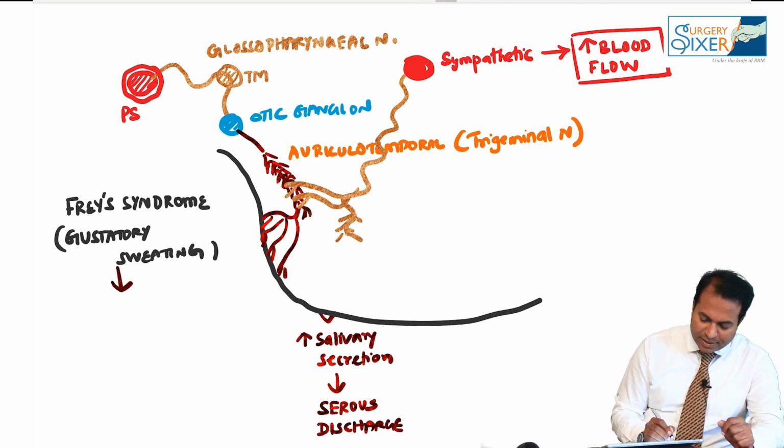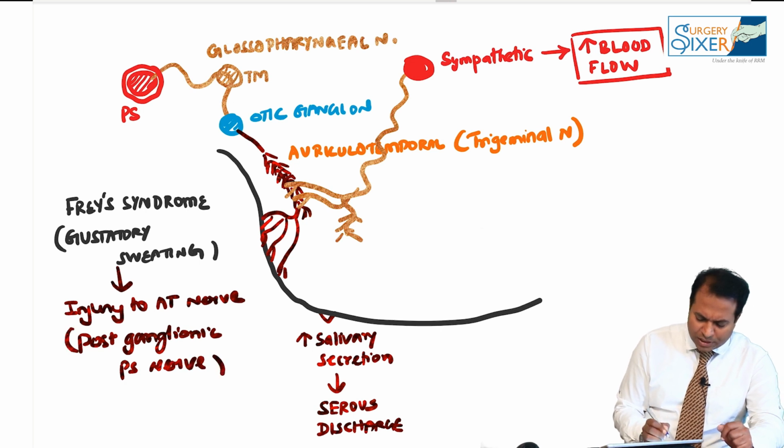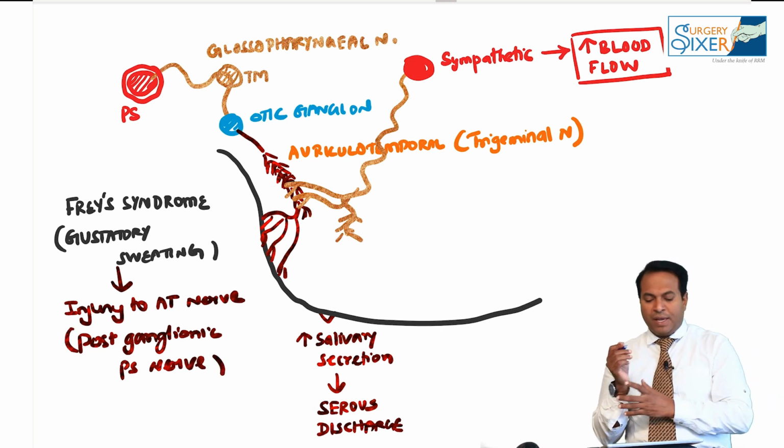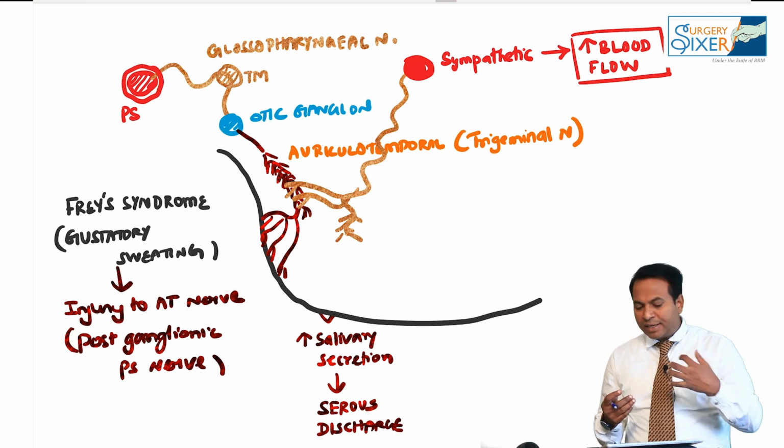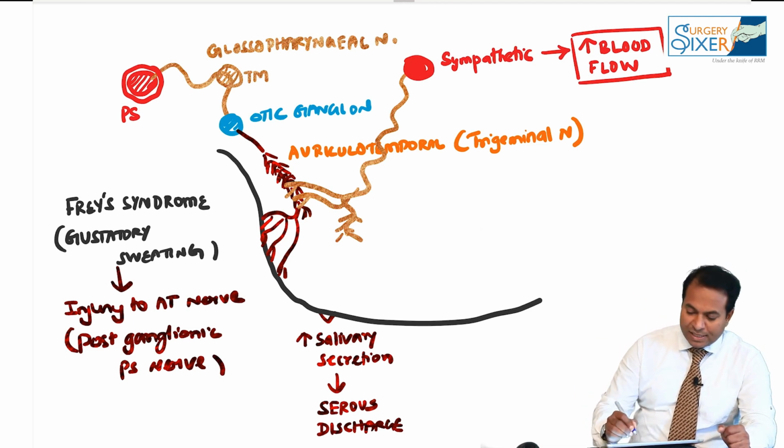What is the reason for Frey syndrome? It is due to injury to the auriculotemporal nerve, also known as postganglionic parasympathetic nerve injury, and abnormal innervation of that nerve by sympathetic nerve results in gustatory sweating.